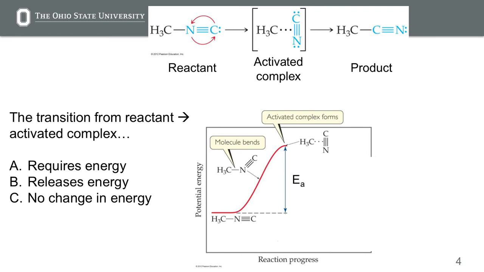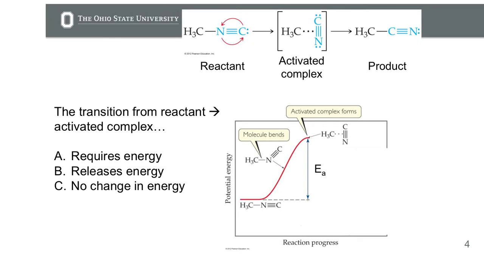If you look at this plot, we have our reactant shown here, and up here is our activated complex, our transition state. You'll notice we have to go uphill in terms of potential energy to get to that activated complex. And so what that means is that this reaction requires energy. Okay, we have to go up the hill. Just like when you walk up a hill, it takes more energy than going down, right? It requires some amount of energy.